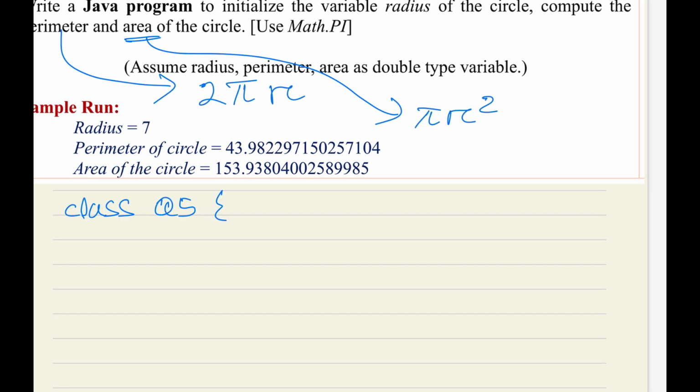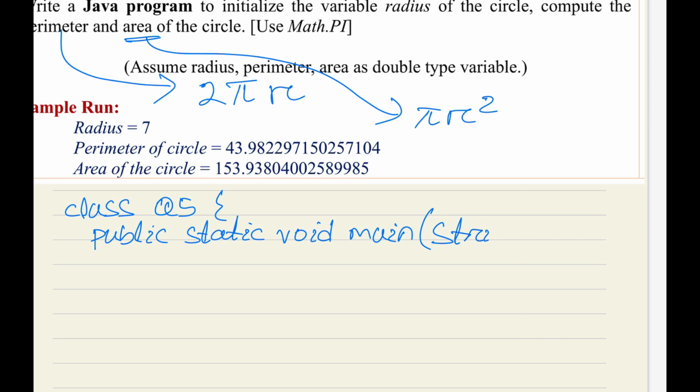Then we can write public static void main, String args. So now we can take the variable radius that is of type double and initialize that with 7, or we can initialize with any value.